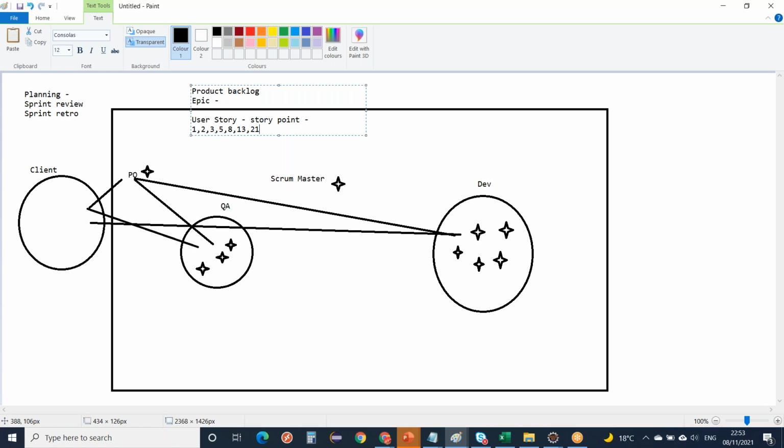So the product owner knows all the requirements in advance? Yes, in the product backlog we have all the requirements of the product. For example, if we have 100 requirements, all of them will be in the product backlog.